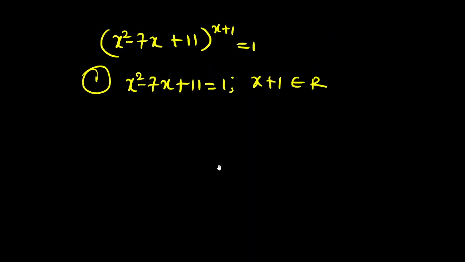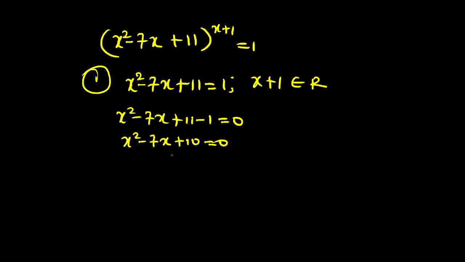All right. So if that should be the case right now, I can then say that x squared minus 7x plus 11 minus 1 equals 0. And that will give us x squared minus 7x plus 10 equal 0. So this is a quadratic equation, right?